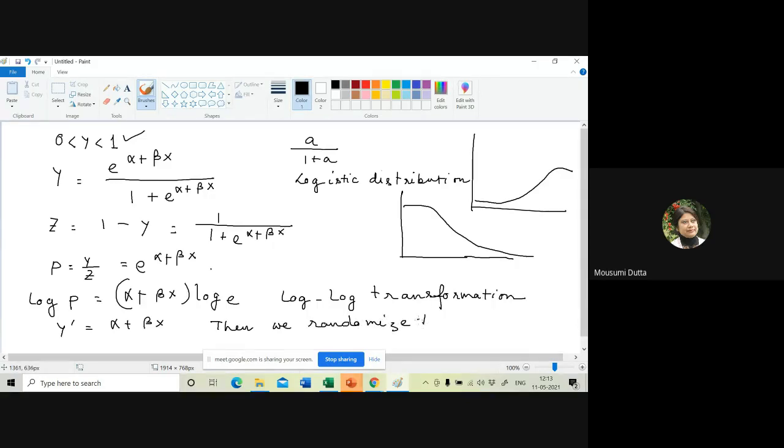Then we randomize the model, considering the additive error.